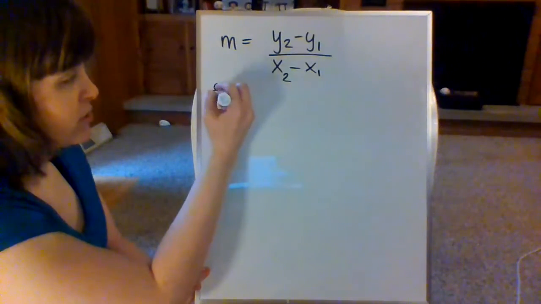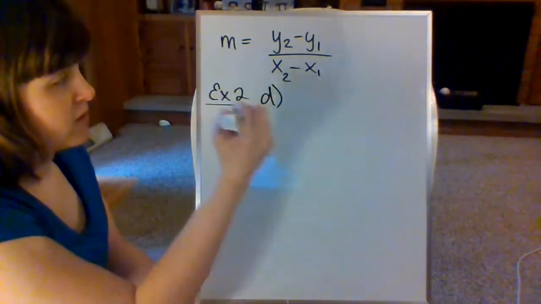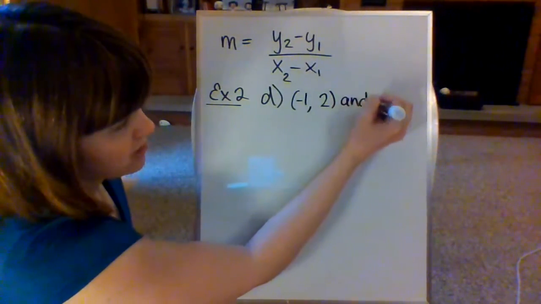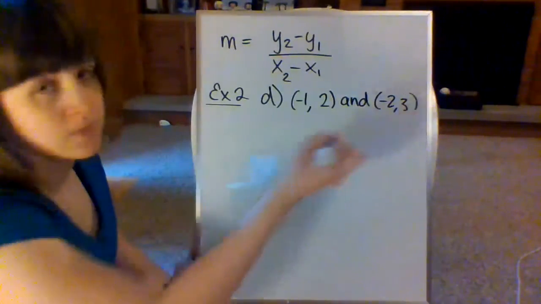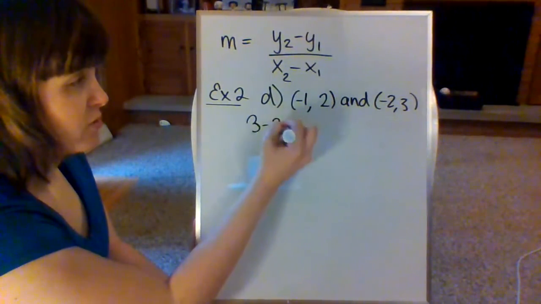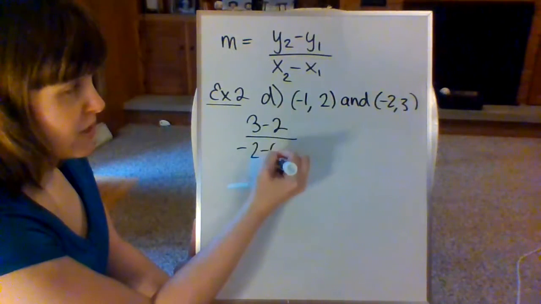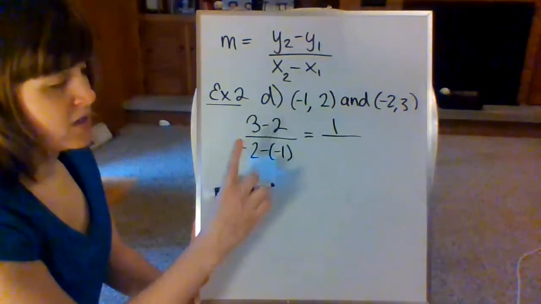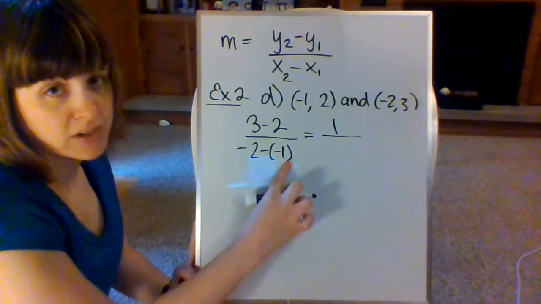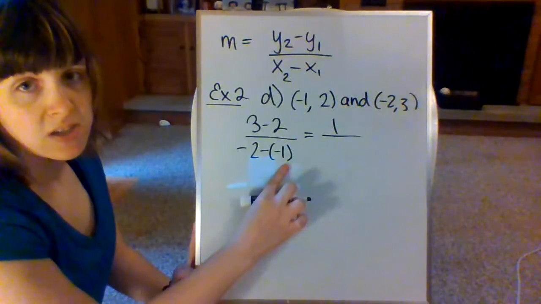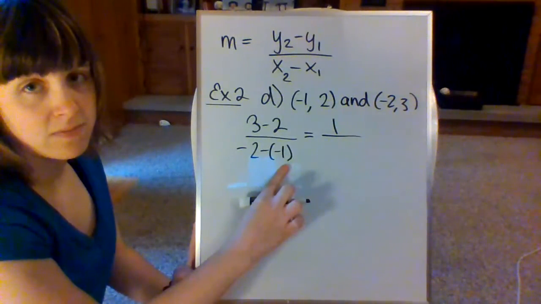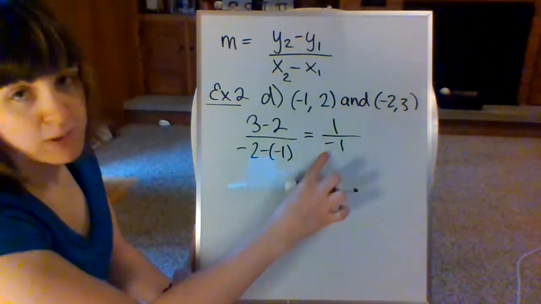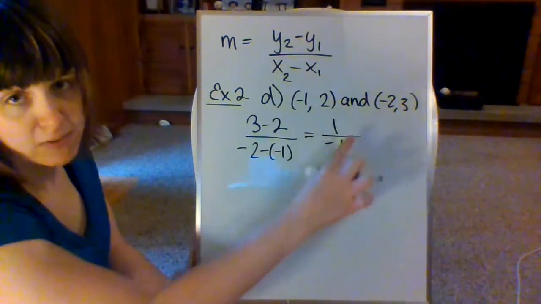Okay, so example 2, part D, looks like this. We find the slope between (-1, 2) and (-2, 3). So 3 minus 2 over -2 minus -1. 3 minus 2 is 1. -2 minus -1 is like -2 plus 1, which would be -1.